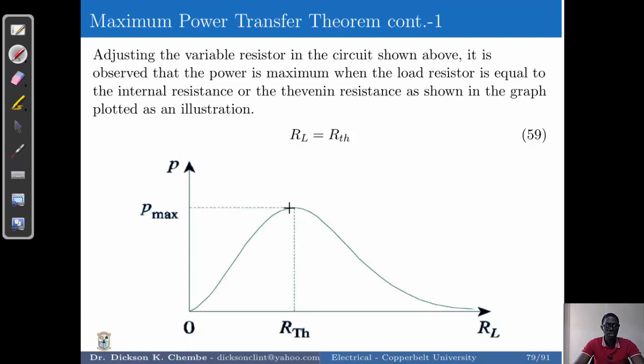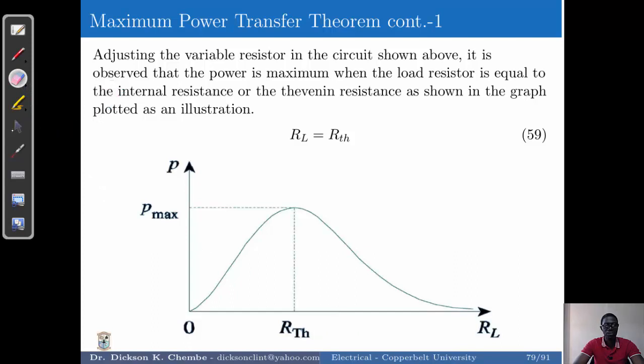In this case, you notice this is the peak point where we have the maximum power, and this is when the Thevenin's resistance is equal to the load resistance. This is the theorem of maximum power transfer, and this is what we want to calculate and analyze.